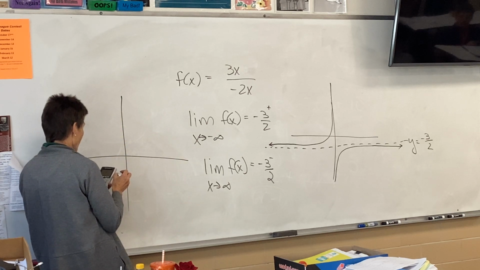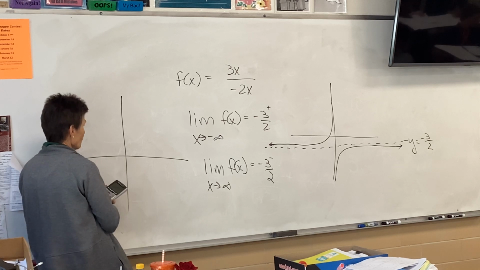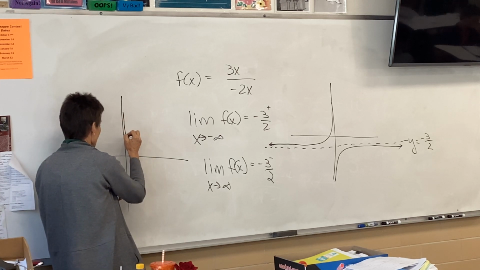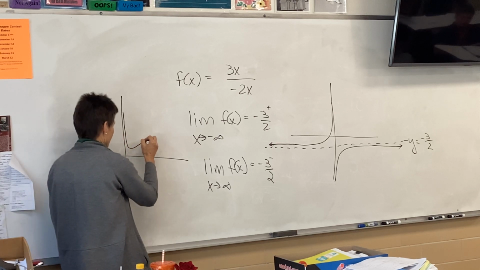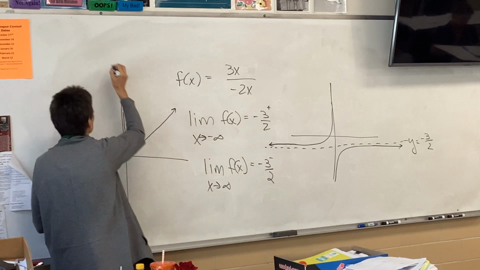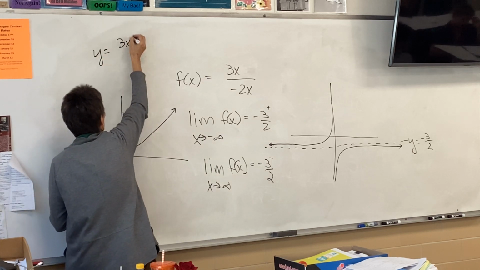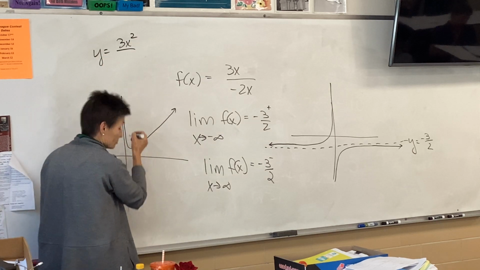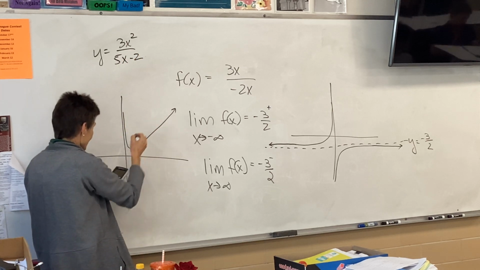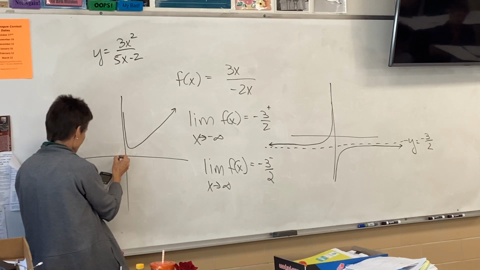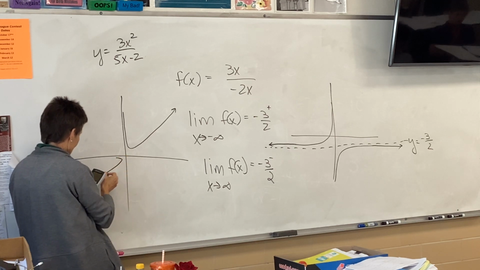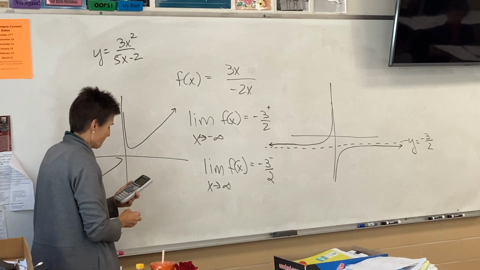Okay, now this one looks a little bit funky. This one looks like, oh, let me write the problem down. Something like this, and then over here, something like this, maybe?